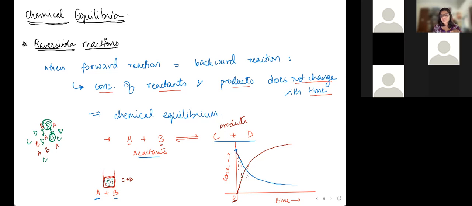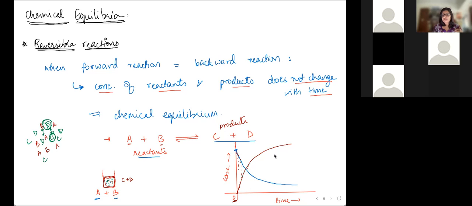So there will come a point where the rate at which C and D are being produced, the forward reaction, is equal to the rate at which A and B are being produced. The rate of the forward reaction is equal to the rate of the backward reaction.